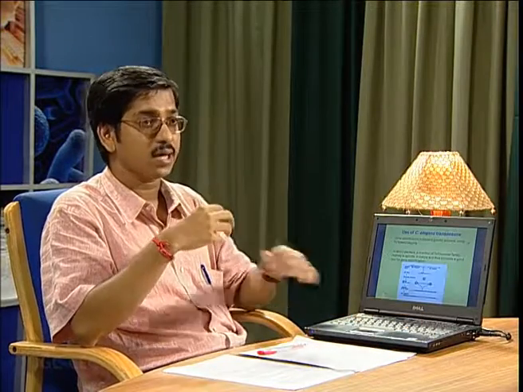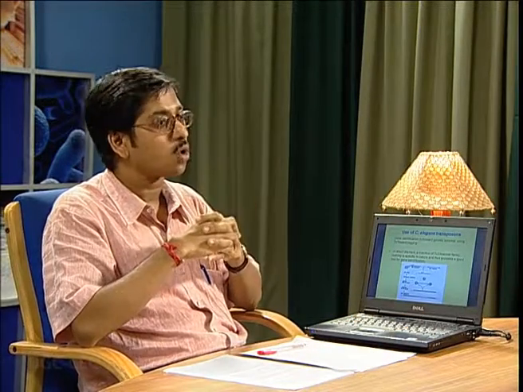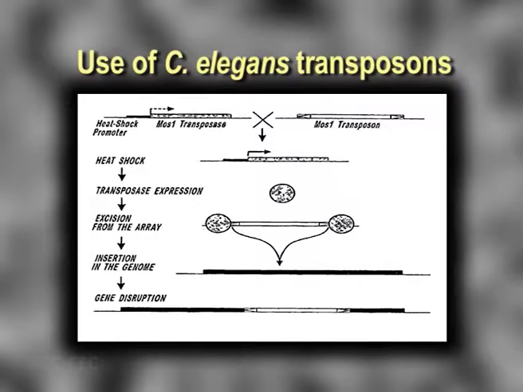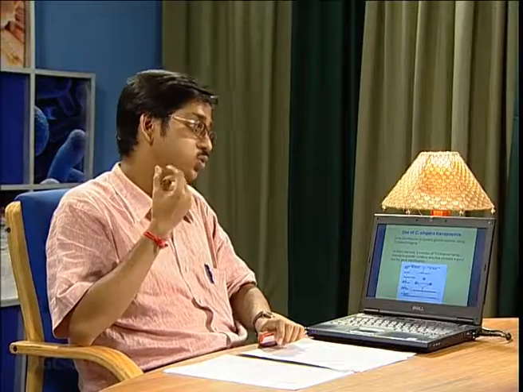One of the important ones is C. elegans, the so-called worm. In C. elegans, the Tc-based elements, Tc1 and Tc3, are present, and similar to the P element, they can move from one part of a genome to another, and thus can be used as good tools to do gene disruption as well as transposon tagging, that is, identifying unknown genes.